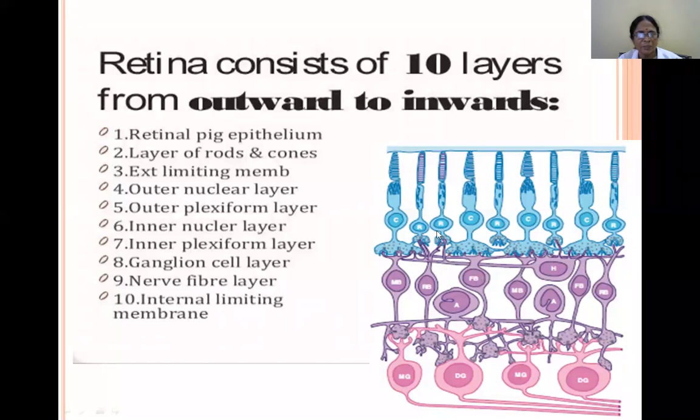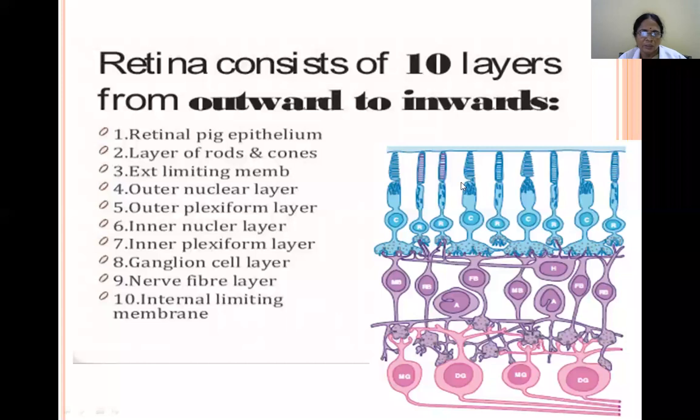In the outer plexiform layer, we have the bipolar cells and horizontal cells. The bipolar cells transmit information in a vertical direction, and the horizontal cells transmit side to side information, that is, to the adjacent cells.